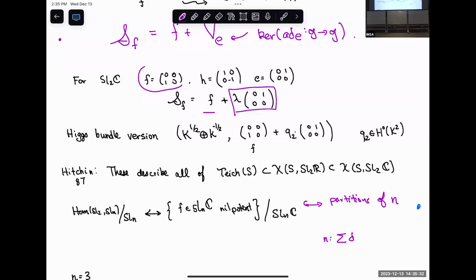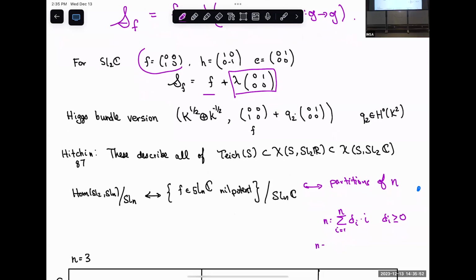If I write N as a partition, I write N as the sum of d_i times i, where i goes from 1 to N, and I think of d_i as the multiplicity of the number i, so it's something that's greater than or equal to 0. Let me just spell this out because it's always confusing. So this is 1 plus 1 plus 1, d_1 times, plus 2 plus 2 plus 2, d_2 times, and so on.